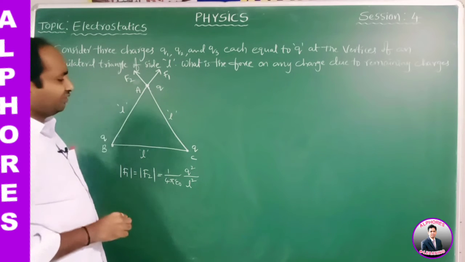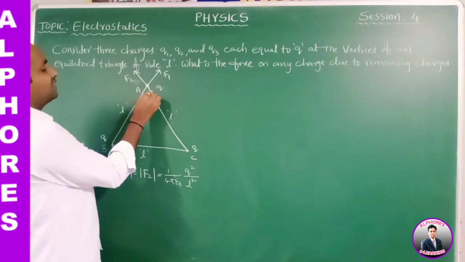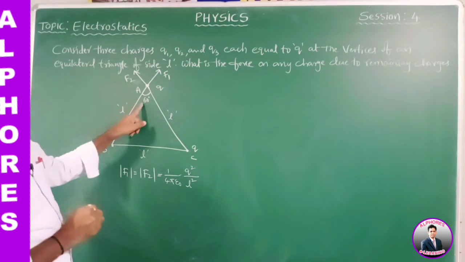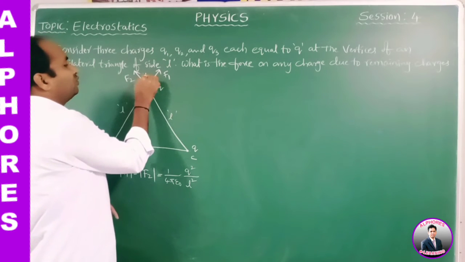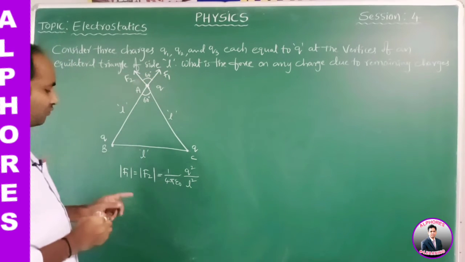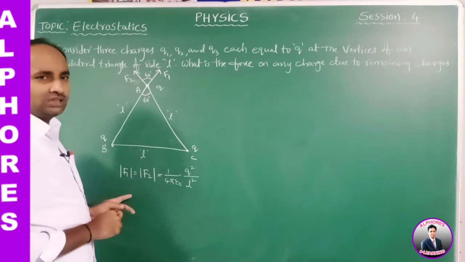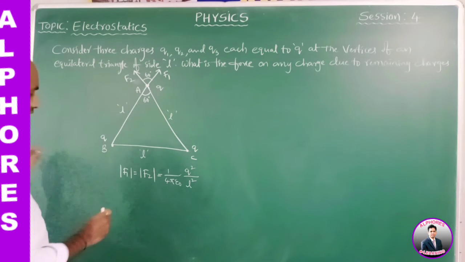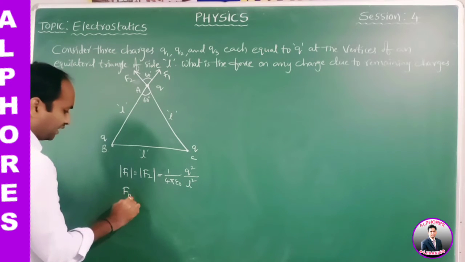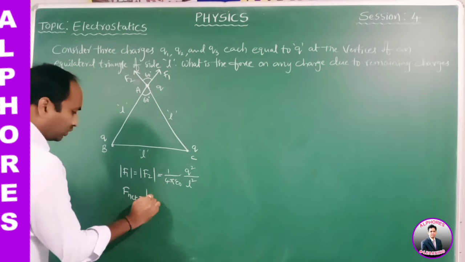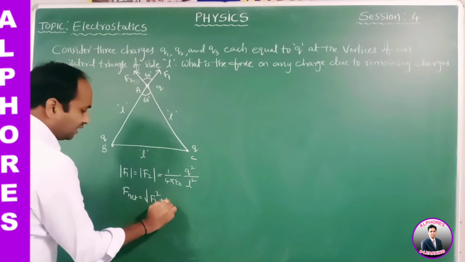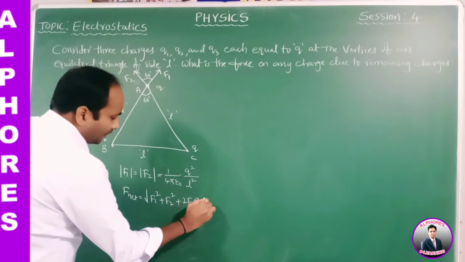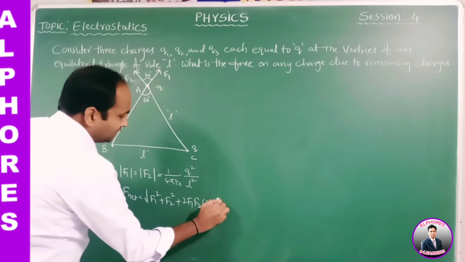What is the angle between F1 and F2? Here it is given that it is an equilateral triangle. So what is the angle here? 60 degrees. So the angle between F1 and F2 is also 60 degrees. Now find the resultant, again by using the triangle law, or rather the parallelogram law of vectors. F net is equal to under root of F1 square plus F2 square plus 2 F1 F2 cos theta, here cos 60.